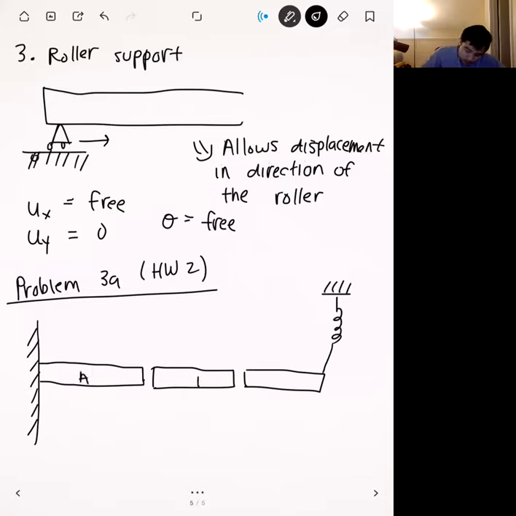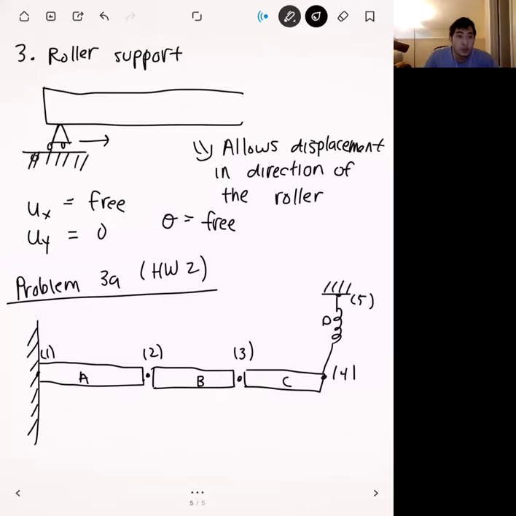Let me label all of the elements here. We have elements A, B, C, and D. We have node 1 on the left-hand side, node 2 in between, node 3, node 4, and also node 5. Node 5 is just a fix, so we don't really need it, but for the sake of completeness, let me label that.